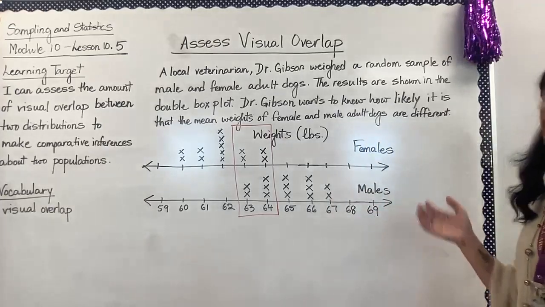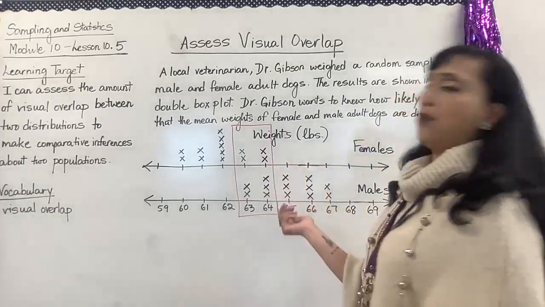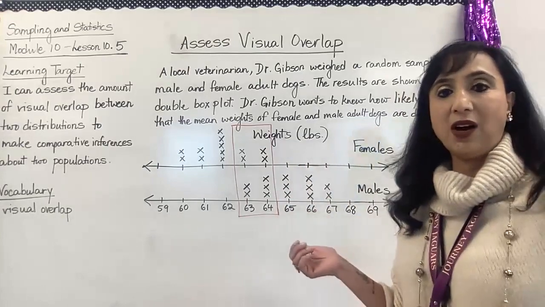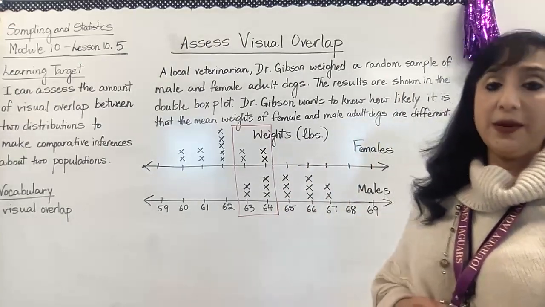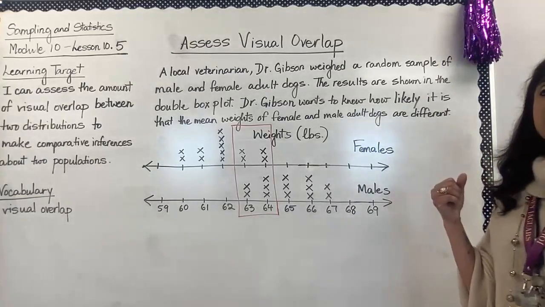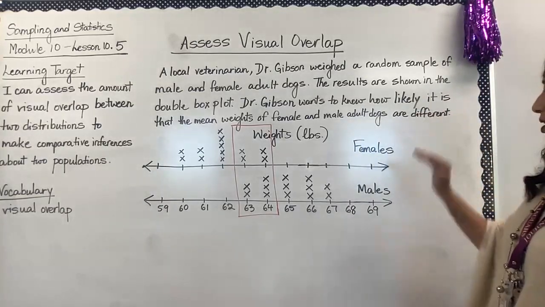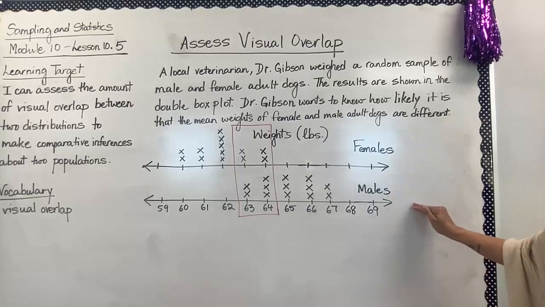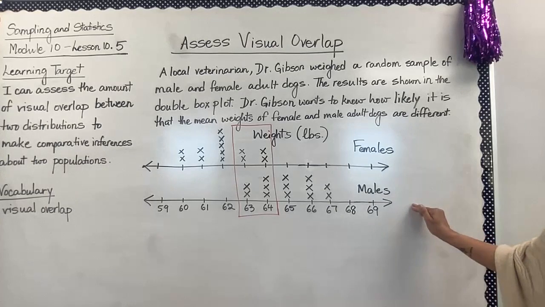Look at this one. It is a dot plot. I've just put the X, which is signifying the dot, so you can see this clearly. As you can see in this dot plot, the females are here, the males are over here. To do so, Dr. Gibson can informally assess the degree of visual overlap between the two distributions.